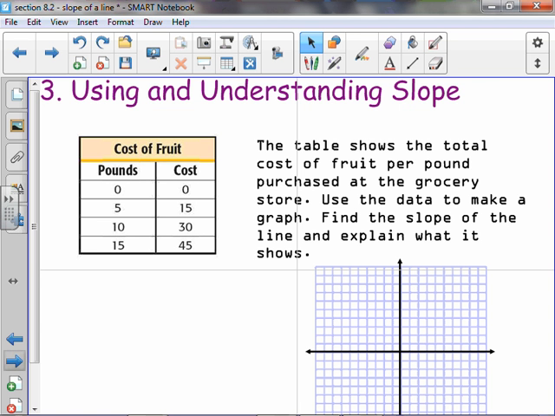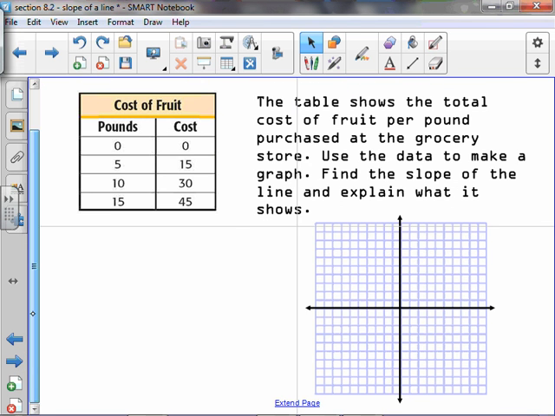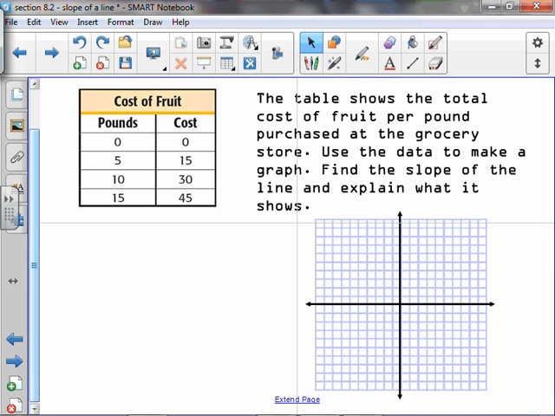Well, first things first, let's graph this data. Okay? So I have not x and y, I have pounds and cost. So I'm just going to do P and C. The one that I get to pick, apparently, is how many pounds. And then the dependent variable, the one that is told to me, is the cost of it.